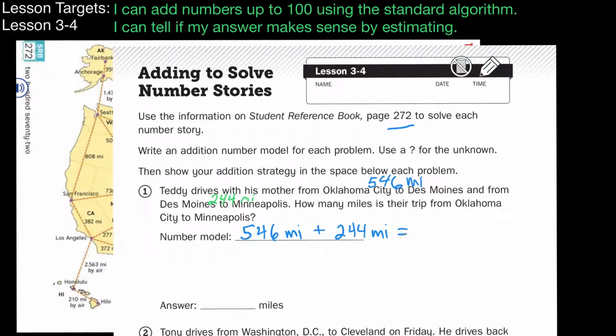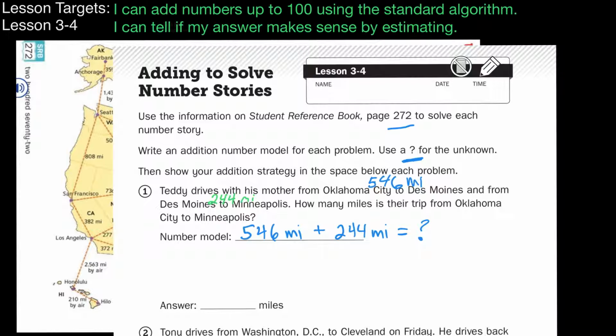And it said write the number model with a question mark for the unknown. So this is going to be the unknown, our question mark. Now this is where you are going to solve the problem. You can use the algorithm that we learned with partial sums on Wednesday, or if you'd like, you could use the strategy that you learned today.